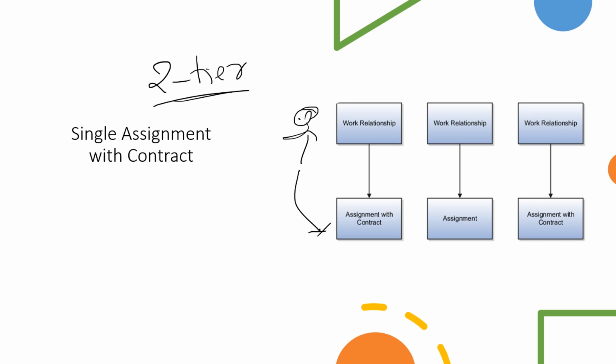When we are selecting it, it doesn't mean that I have to always maintain a contract. I can have a work relationship as well as an assignment detail. It's not mandatory that I capture the contract information. You can ignore that as well.